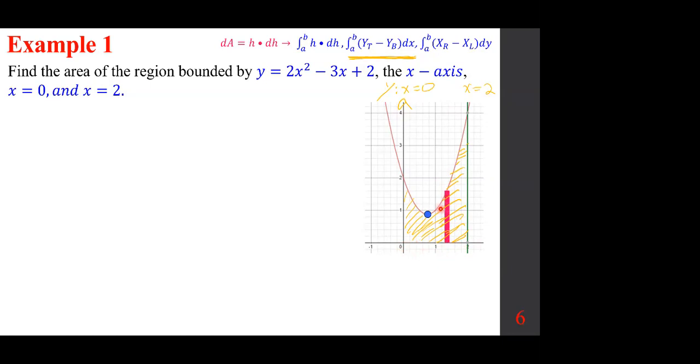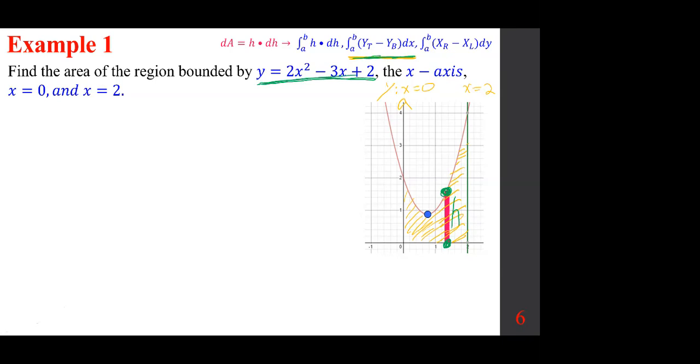The height is y of the top minus y of the bottom. What is y of the top? It's the y of the quadratic equation, 2x squared minus 3x plus 2. This is y of the top.